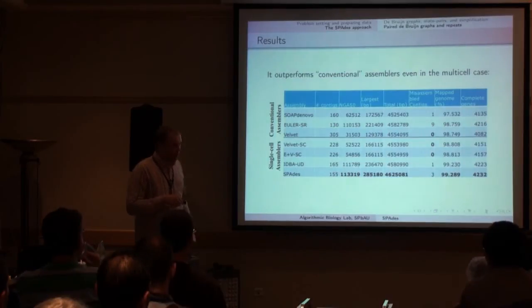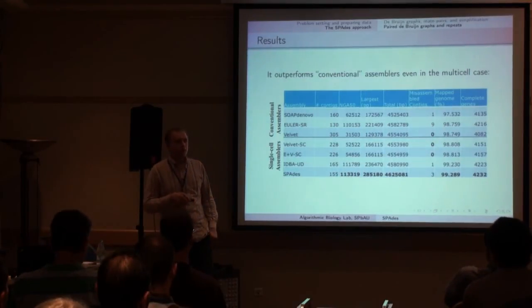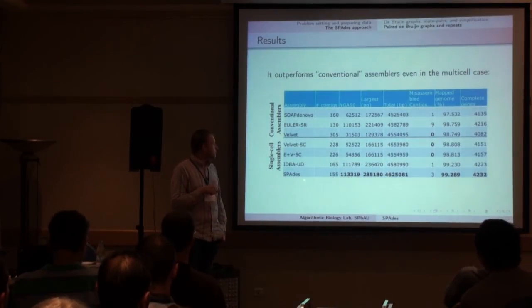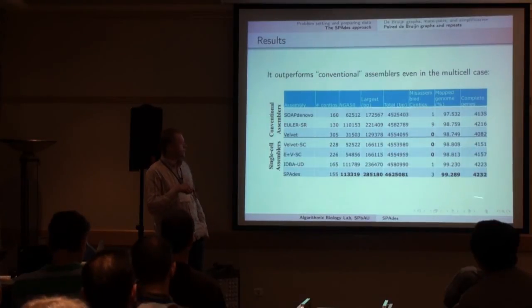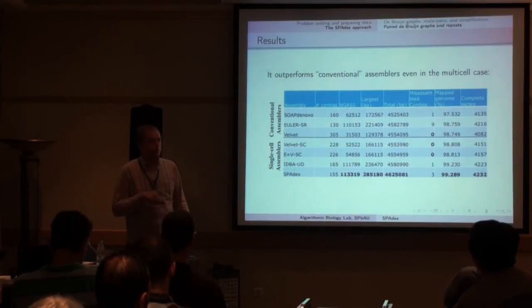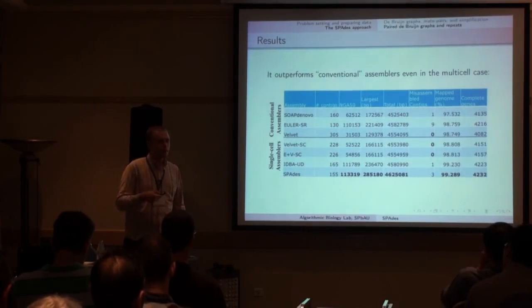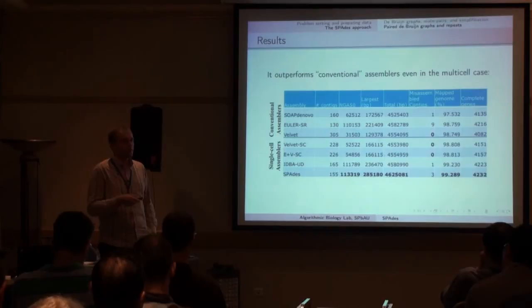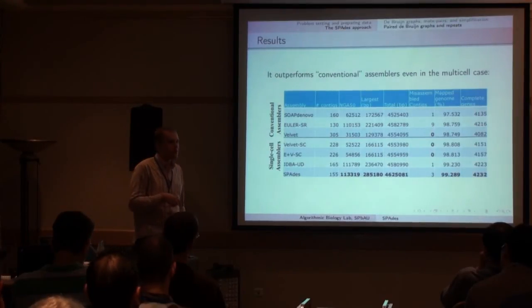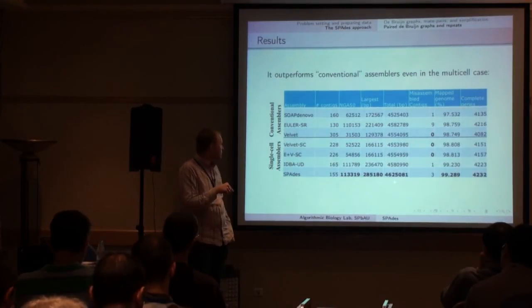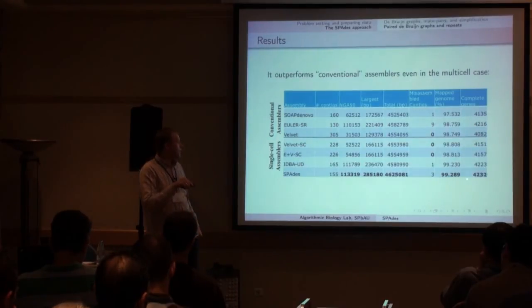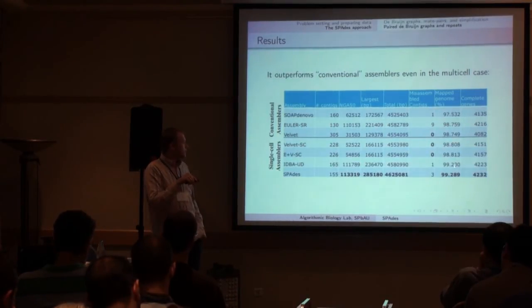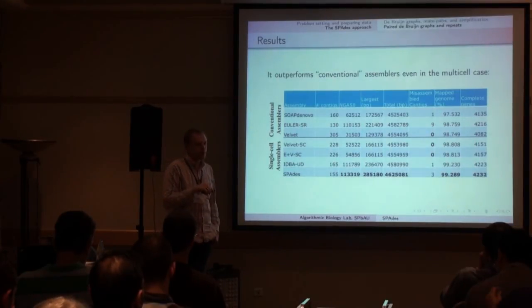All right. Somewhat surprisingly, SPAdes also beats conventional assemblers in the multi-cell case, because we have made it a bit more accurate, and it turns out maybe that in the multi-cell case also there are some situations where you have to be accurate. So we see that there is slightly better coverage and larger N50 even in the multi-cell case.